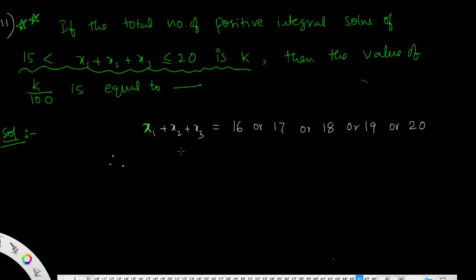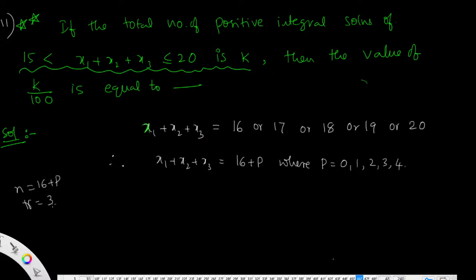Therefore x1 plus x2 plus x3, I am taking as 16 plus p, where p equal to 0, 1, 2, 3, 4. So here it is in the form x1 plus x2 plus x3 equal to n. So here n equal to 16 plus p, and r equal to 3 persons.